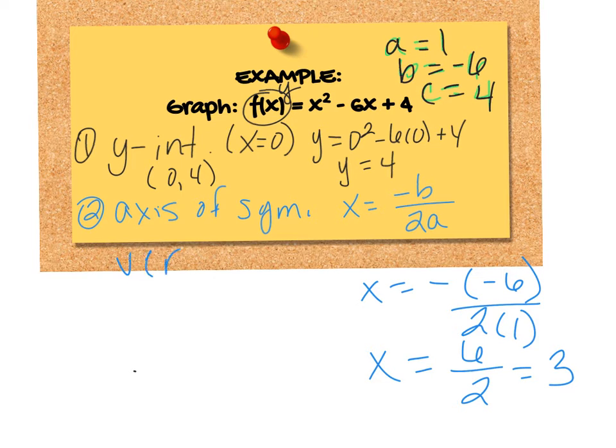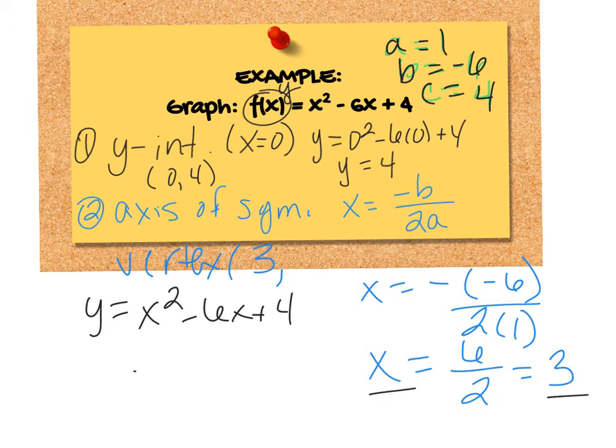So far, I know that my vertex is 3, something. How am I going to find my y? Well, here we have an equation that says y equals, so that's what I'm going to use. So if y equals x squared minus 6x plus 4, and I know that x is 3, I'm going to put a 3 in for x to figure out what y is.